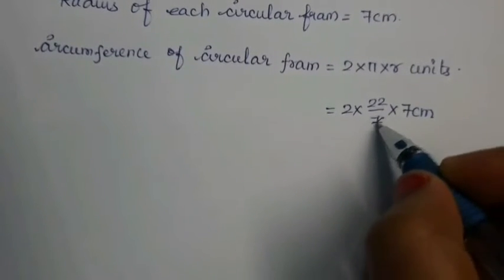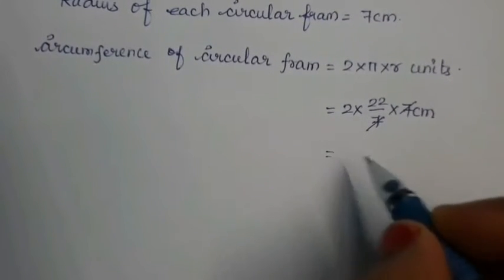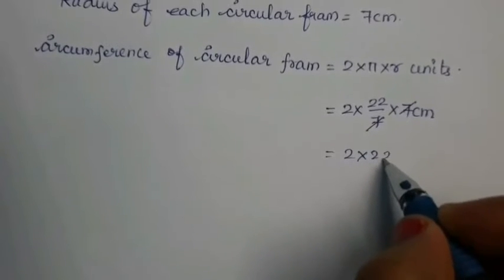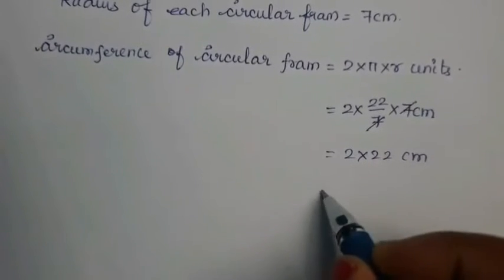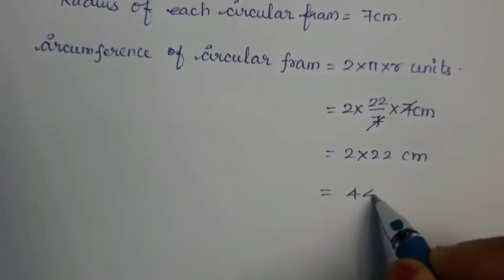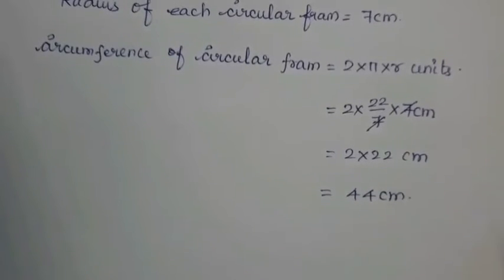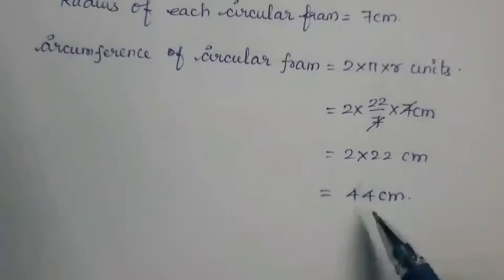Here we can cancel 7 by 7, we get 2 into 22 centimeter, which is equal to 44 centimeter. 44 centimeter is the length of the circumference of one circular frame.